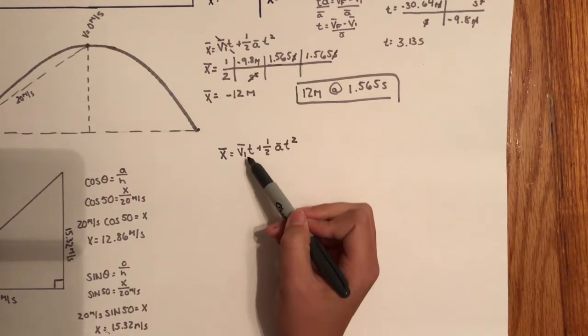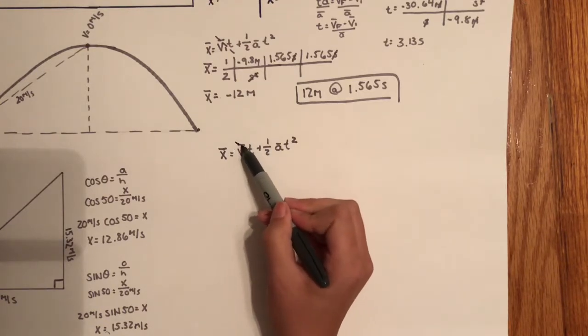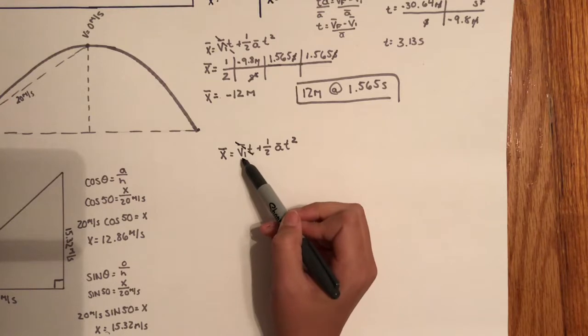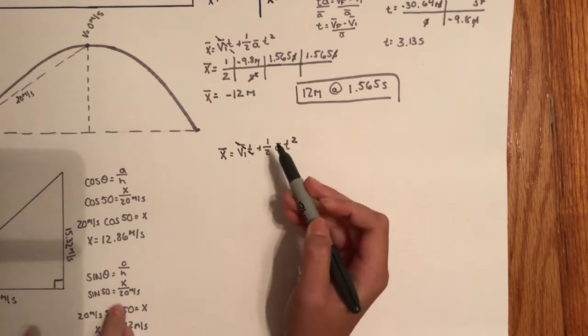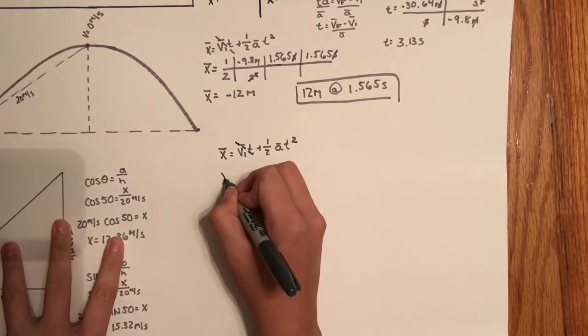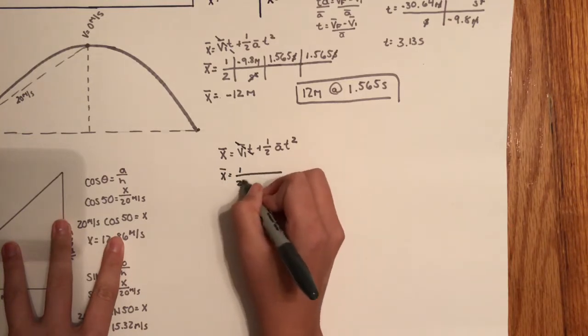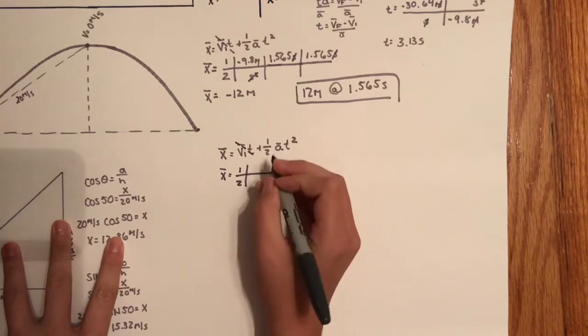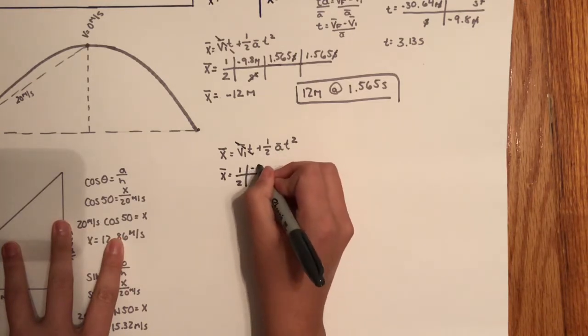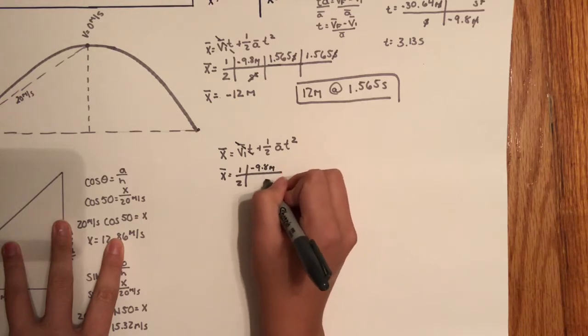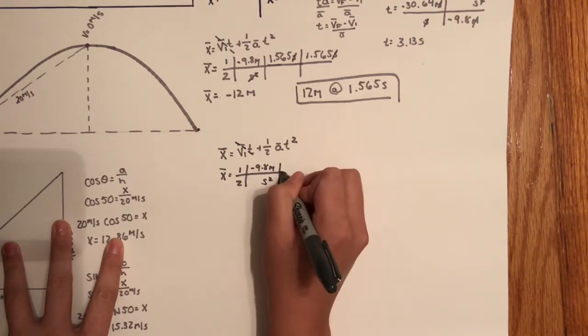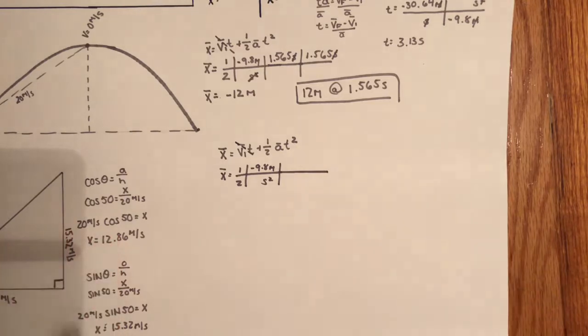So again, this first part of the equation is going to cancel out since 0 times any number is going to be 0. So that will leave us with displacement is equal to 1/2 the acceleration, which is, again, negative 9.8 meters per second squared. So just like the last part of the question, we are not going to be using the full time of the jump.